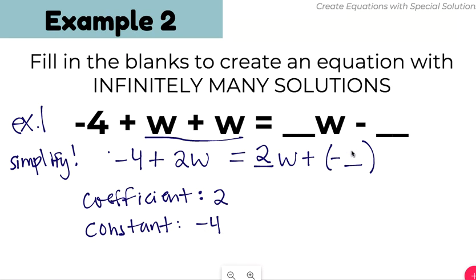I already have my negative sign here, so all I have to put in the blank is a 4. And if you look, I have -4 on the left, -4 on the right. That's good. Don't let the negatives confuse you. There isn't any fancy, crazy strategy you have to do. You literally make sure that the numbers are the same on both sides. And again, if you're not sure if you did that part right, just check it.